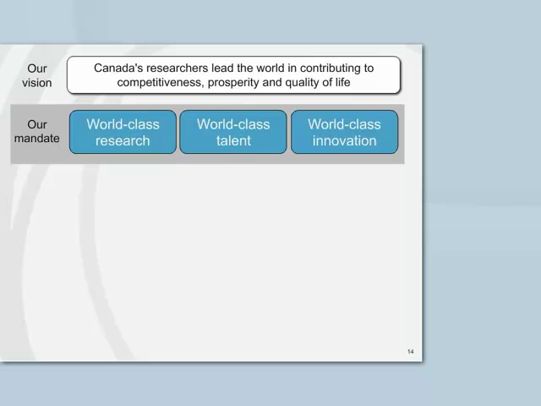Our mandate is to enhance world-class research, world-class talent, and world-class innovation. And this goes back to the contract that I've highlighted right at the beginning of the presentation with the Government of Canada. Even though there are 3 elements here and 4 in the contract, you'll see that they fit very nicely because world-class talent implies both faculty members and also the students that we train in our universities and colleges.